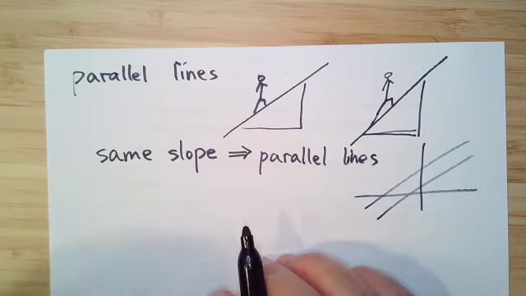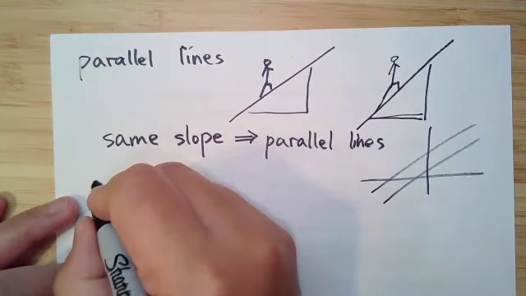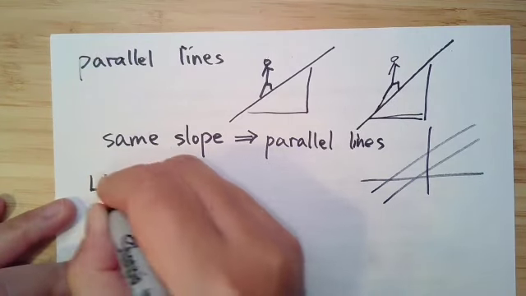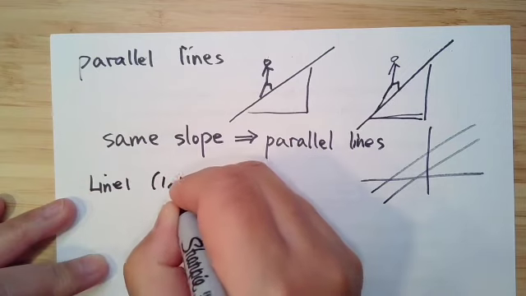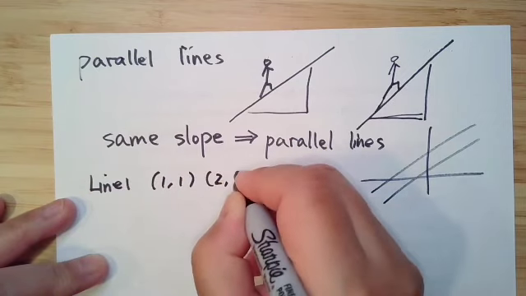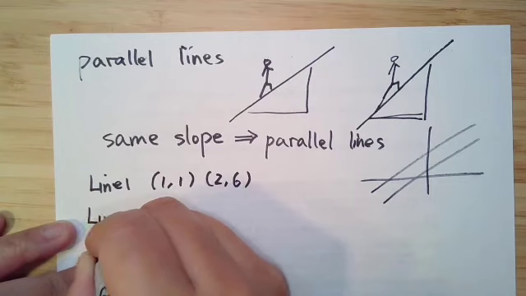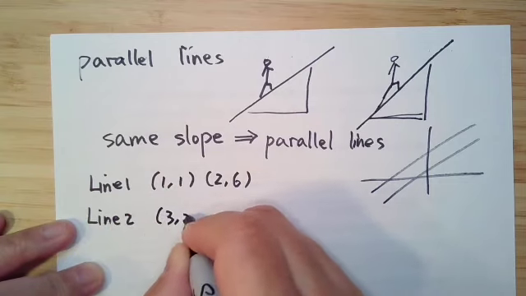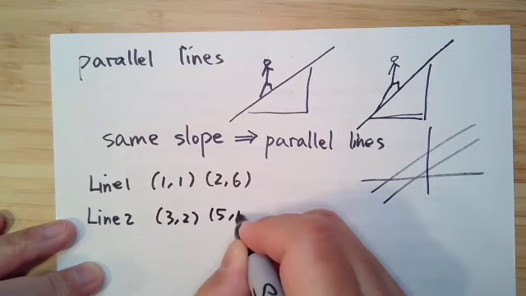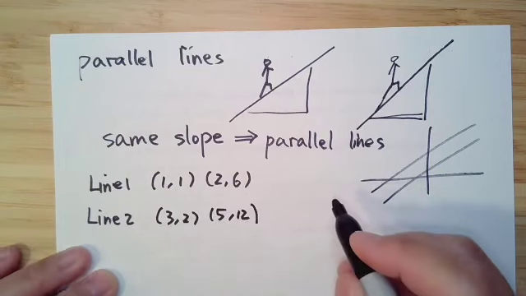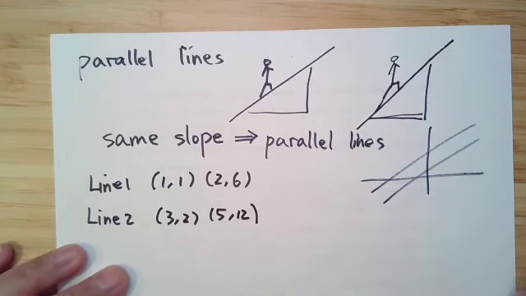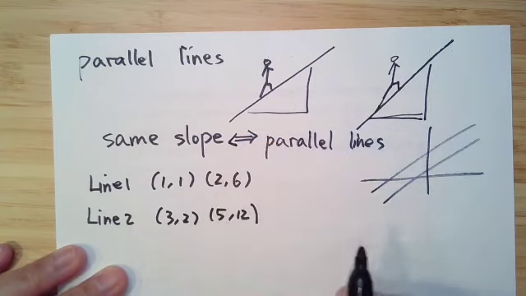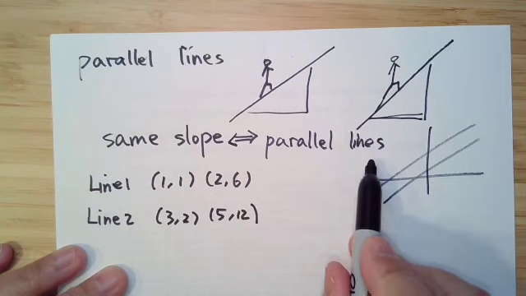So let me ask you, for the line 1 that passes through (1, 1), (2, 6), and the line 2 that passes through (3, 2) and (5, 12). So I ask you, are they parallel to each other? If you want to find if two lines are parallel to each other, you want to find whether they have the same slope.